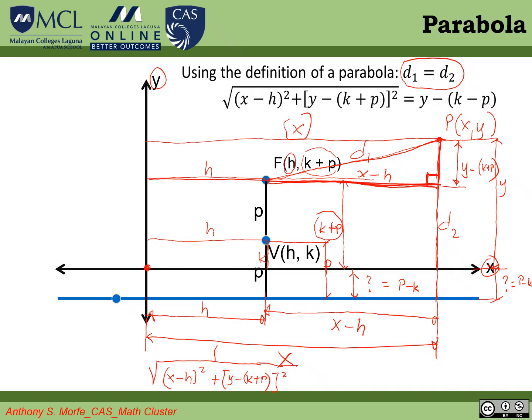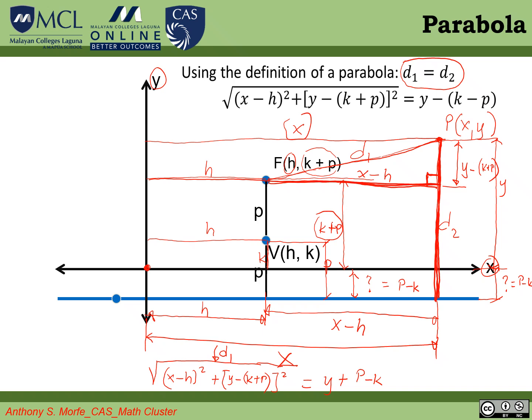This is just for D1, equal to, what is our D2? Our D2 is just the sum of y, because we are talking about this distance D2. Okay, this is our D2. So this is y, up to here, plus the question mark, where the question mark is p minus k. Alright, so this is y plus p minus k.